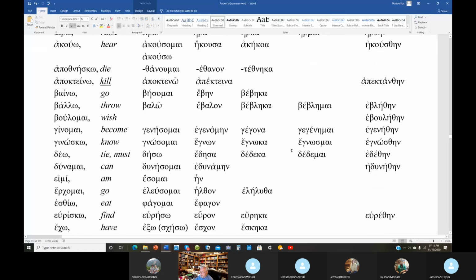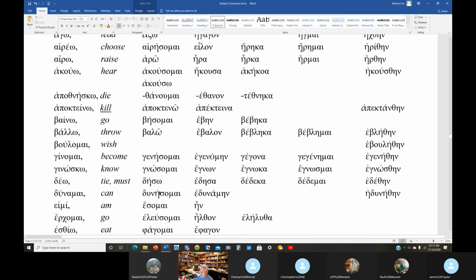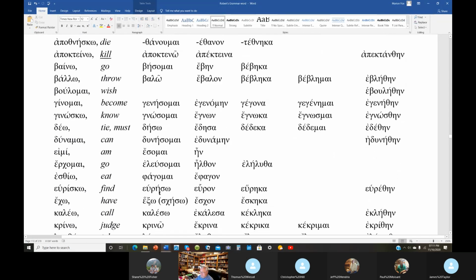It only exists in these forms right here: present, and then you've got your future and aorist, and that's it. That's the only forms that exist. Erchomai doesn't exist in these two forms. So the blank spaces mean it doesn't exist in those forms.